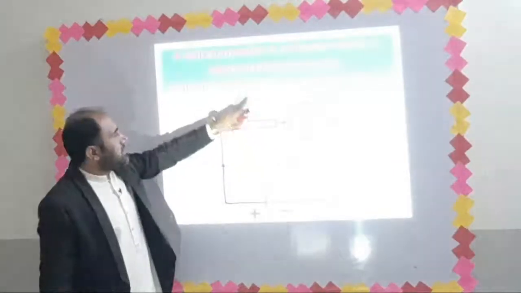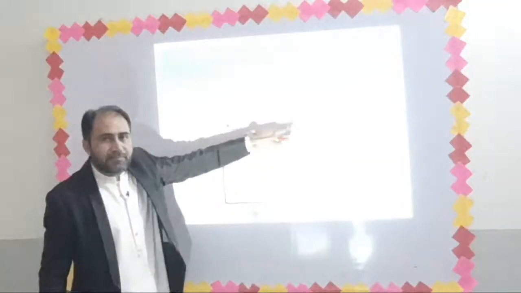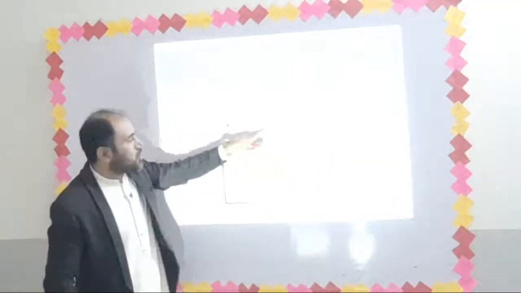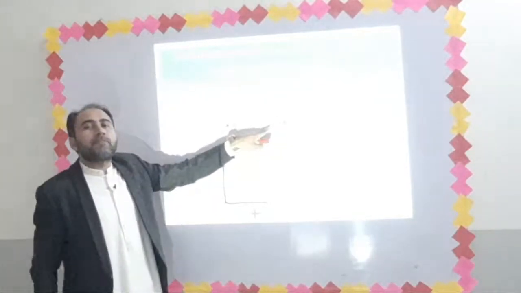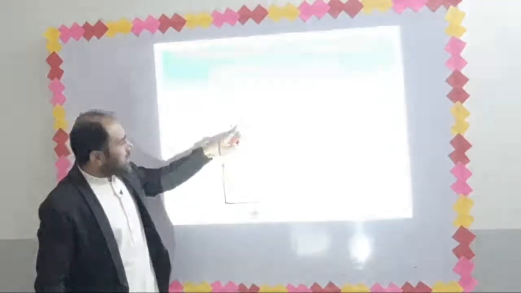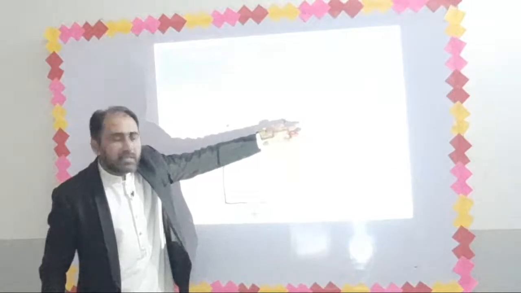What does it mean, series connection? The connection of different instruments side by side in such a way that there is only one path for the passage of current. If the current has only one path, then all the current will pass through galvanometer.